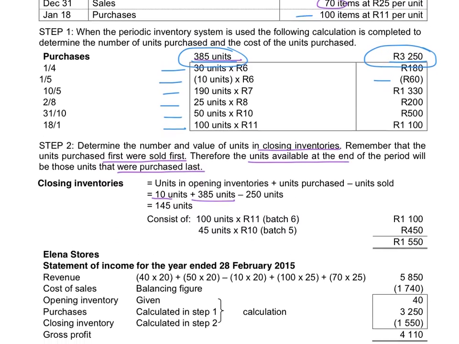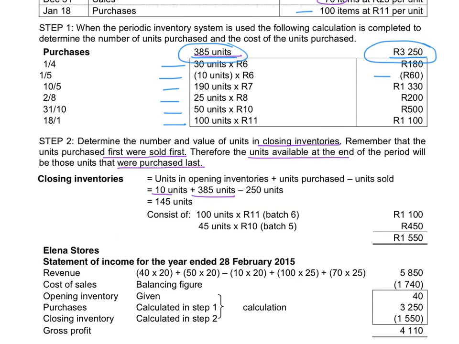So we've actually sold 250 units. If I subtract it from the units that were available during the year, the closing inventory consists of 145 units.